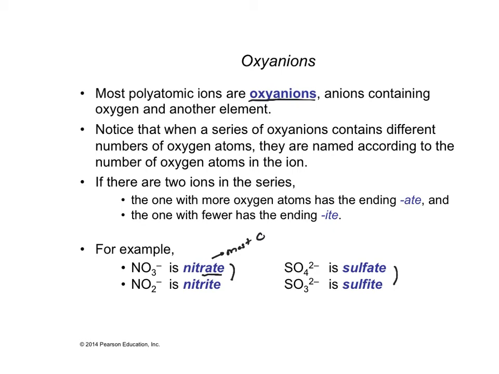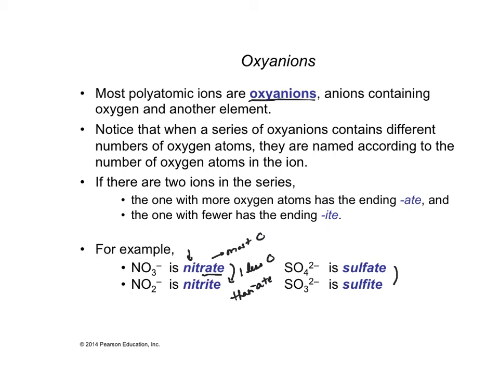So nitrate is NO3-. If you know what nitrate is, you can always figure out what nitrite is in that it always has one less oxygen than the -ate.